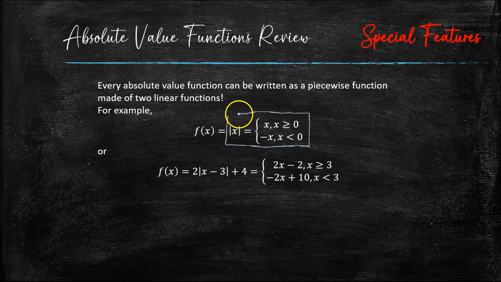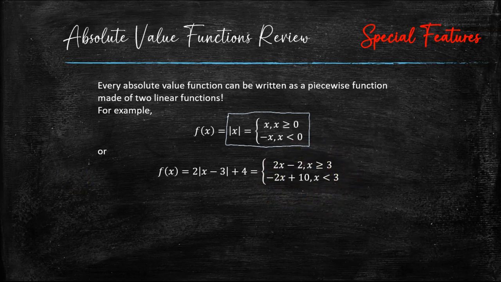So instead of thinking of absolute value as the distance to the origin, we actually think of the absolute value this way. It's x when x is not negative, and it's the opposite of x when x is negative. So that makes it somewhat special. And here's an example of writing an absolute value function as a piecewise function.